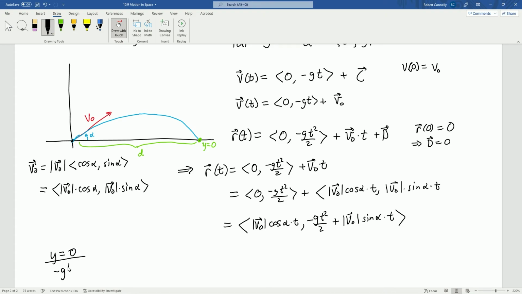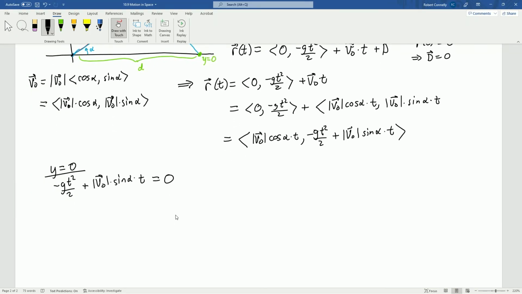So we get negative gt squared over 2 plus v0 times sine of alpha times t, all equals 0. If I factor out a t here, I get t times negative gt over 2 plus the magnitude of v0 times sine of alpha equals 0.